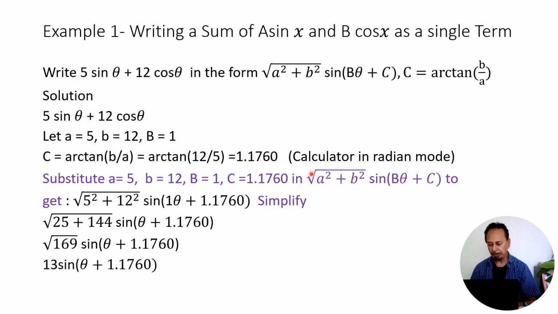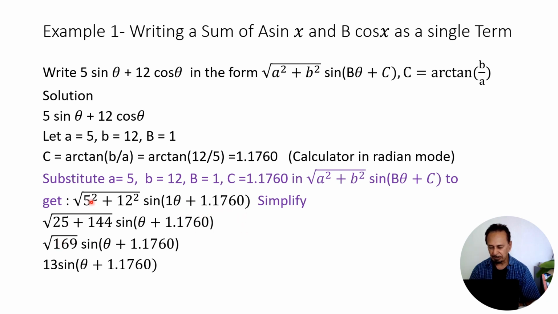Using a calculator in radian mode, you get 1.1760, rounded to 4 decimal places. Now we substitute a equal to 5, b equal to 12, B is 1, and c equal to 1.1760 in this form: square root of a square plus b square times sine b theta plus c. To get square root of 5 square plus 12 square times sine of 1 theta plus 1.1760.